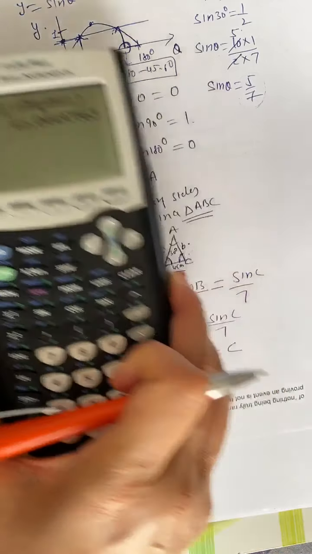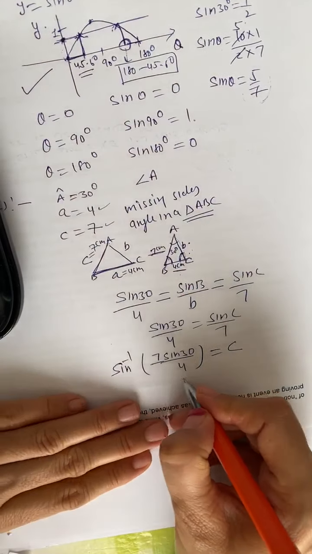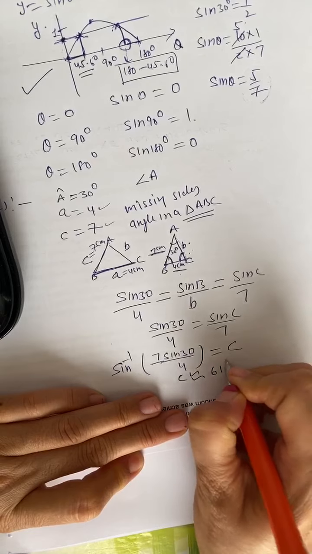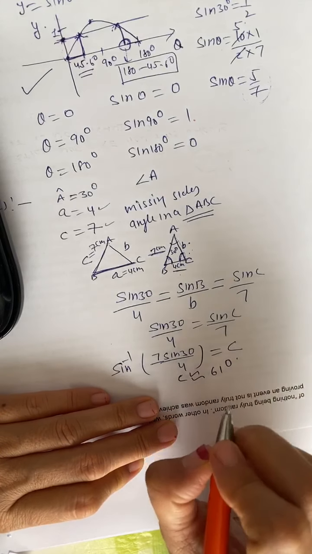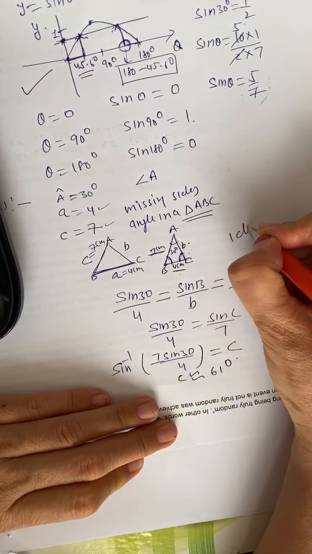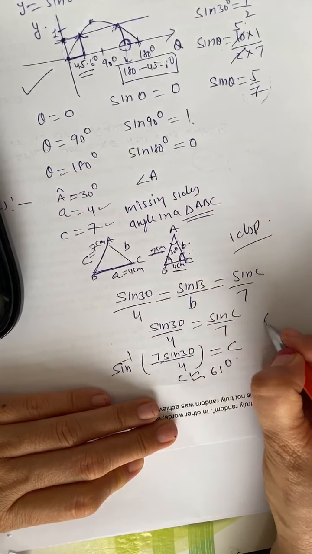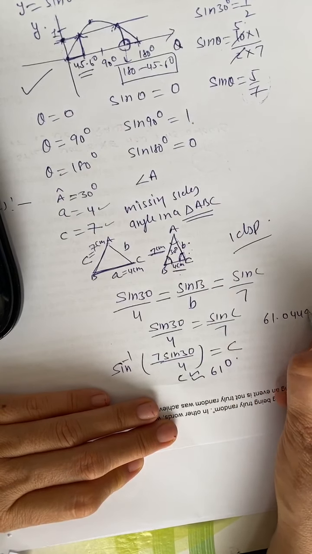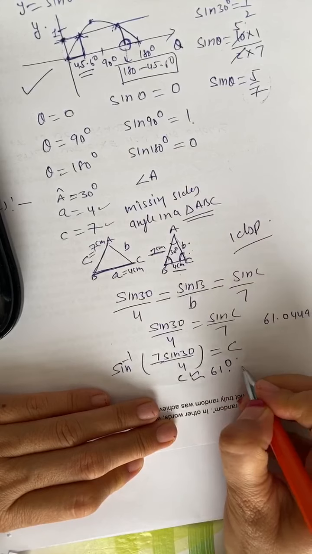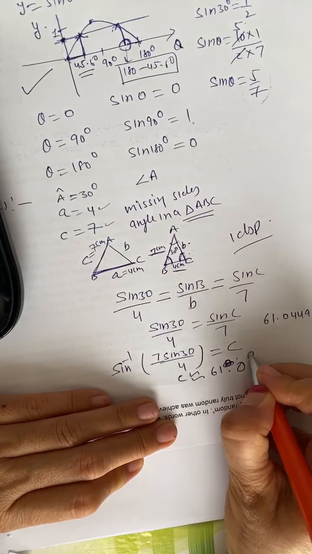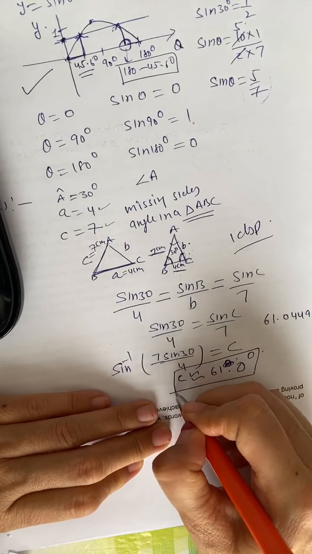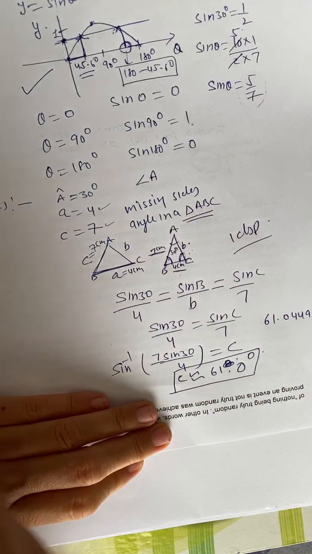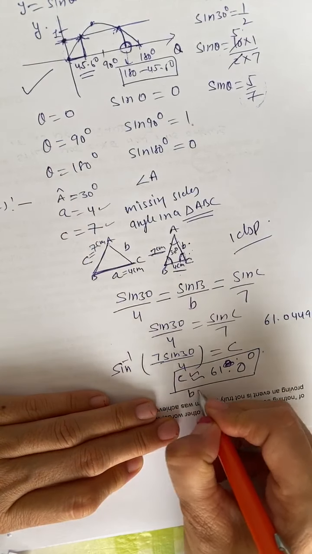Okay, so I got 61 degrees. So I got C approximately 61 degrees here. They ask you to give the answer in 1 decimal place, which means what I got was 61.044997. So 61.0 degrees is your C. So the value of C we already found, and you can find B now.